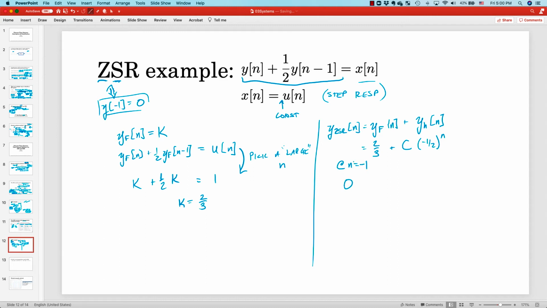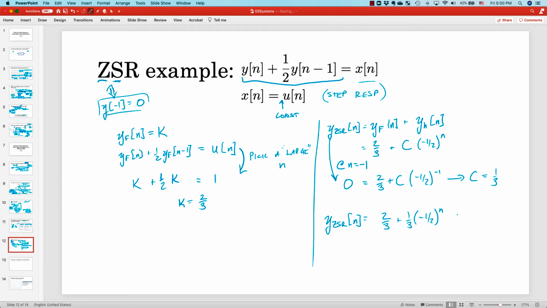We know the left-hand side has to be 0 at -1, and the right-hand side looks like a constant plus a constant times (-1/2)^-1. Okay, so if you solve this, you get c is equal to 1/3, and so the zero state response is the sum of 2/3 and 1/3 times (-1/2)^n.